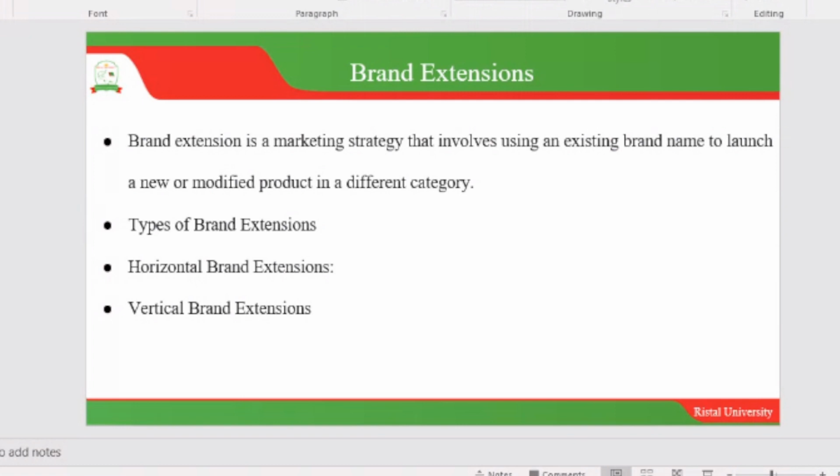And we are saying that this is a marketing strategy that involves using an existing brand name to launch a new or modified product in a different category. And you're saying there are types of brand extensions, there are horizontal brand extensions and vertical brand extensions. We shall be able to clearly explain those.